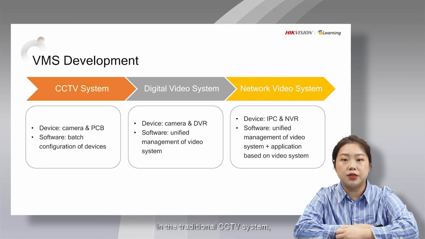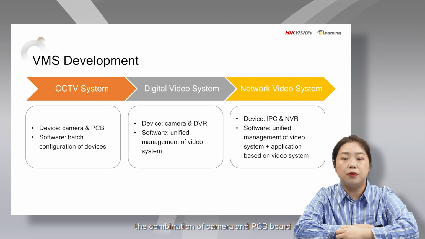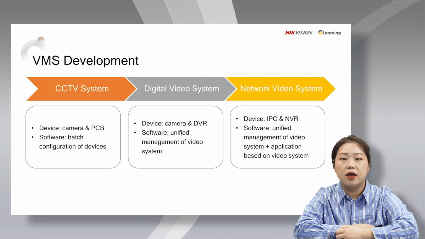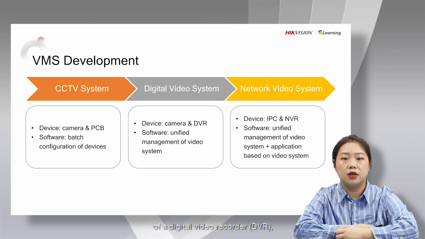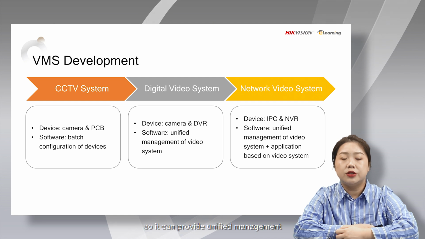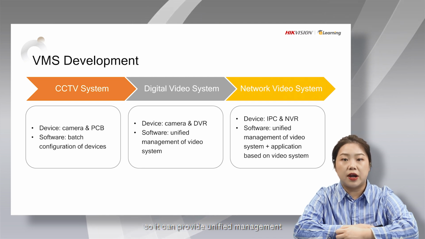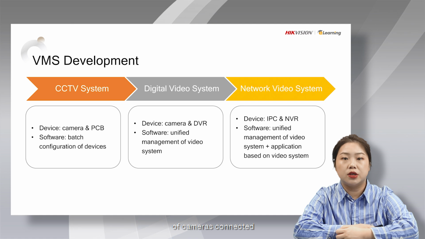In the traditional CCTV system, the combination of camera and PCB board enables the batch configuration of devices. Then, in the digital video system, a VMS used to be the software component of a digital video recorder, DVR. So, it can provide unified management of cameras connected with a DVR.